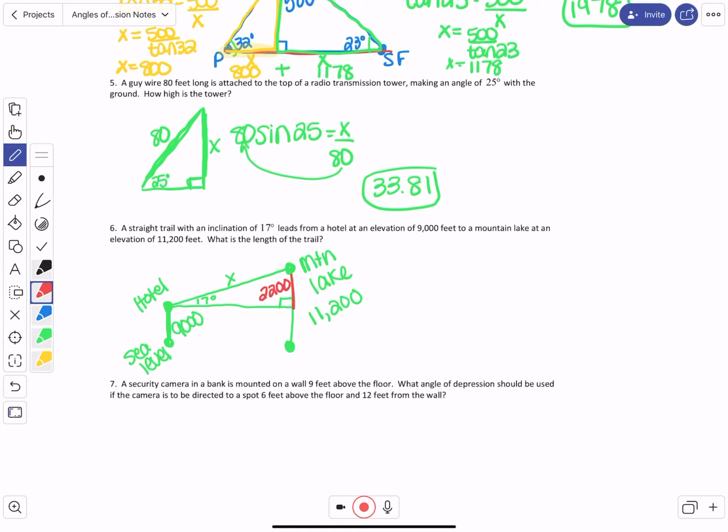That's opposite, because that's going across, and X is your hypotenuse. So now we can use sine.